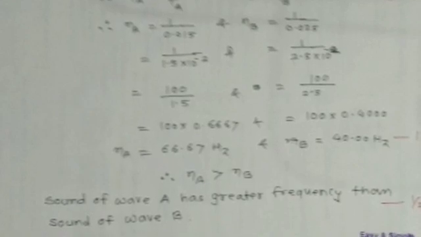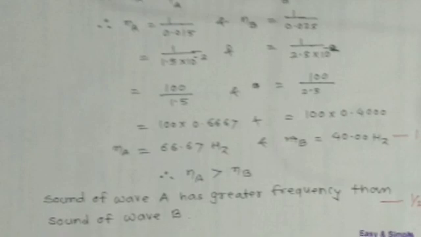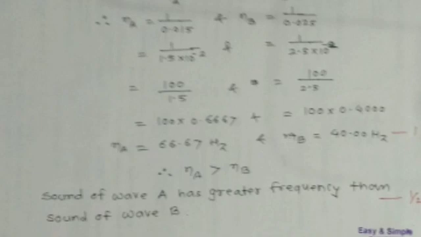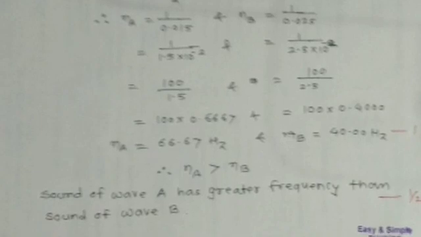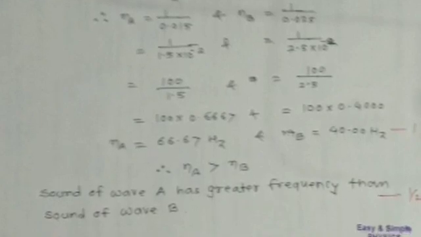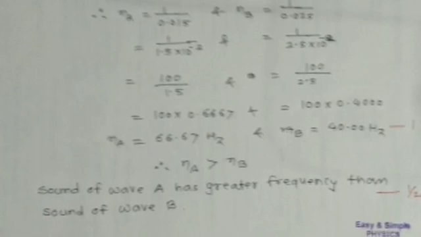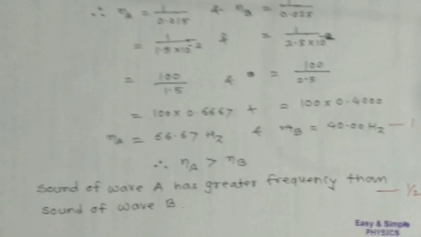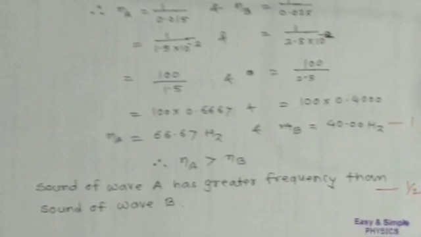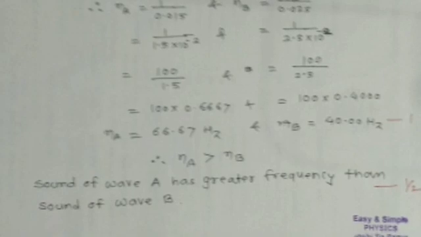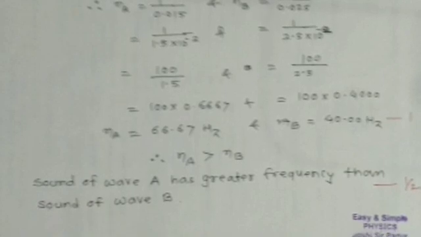From this we say that 66.67 Hz is greater. So frequency for A is greater than frequency for B. So sound wave A has greater frequency than sound wave B. This will be the answer for the given example.